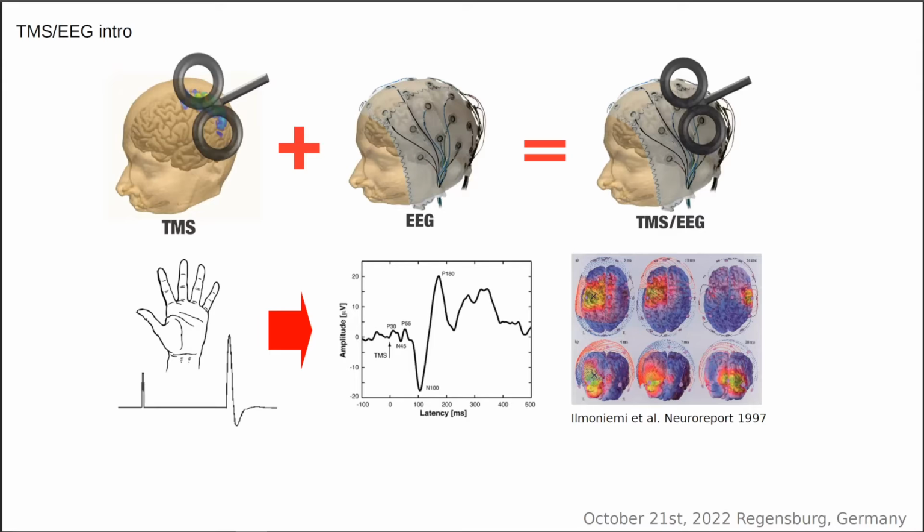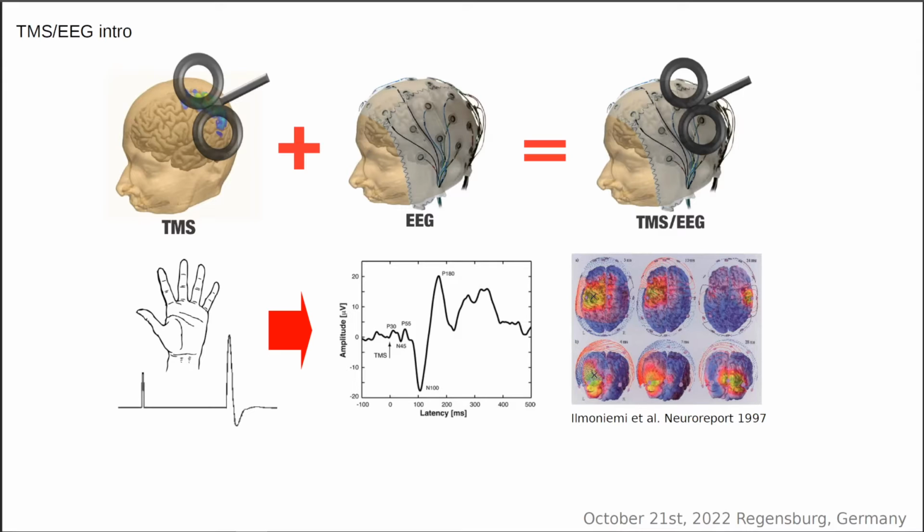Another thing I always want to stress is that when you combine two techniques, you always have to keep in mind that every technique you are using is a filter. Every technique per se has a bias. TMS cannot stimulate all the neurons, only some neurons are activated by TMS. EEG cannot show the activity of all the neurons, only some neurons can be seen with EEG.